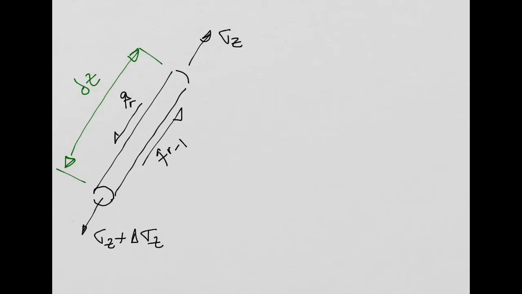Now, don't forget that this is my z direction, right? This is my z direction. What I'm going to do now is say the summation of forces in my z direction needs to be equal to 0, which is the equilibrium equation. Right?